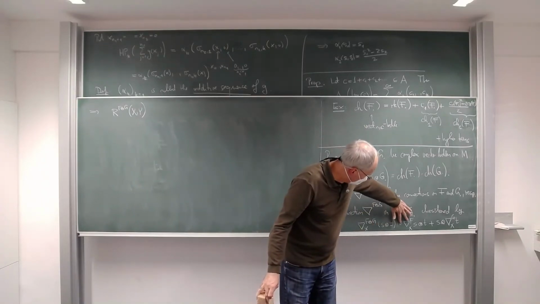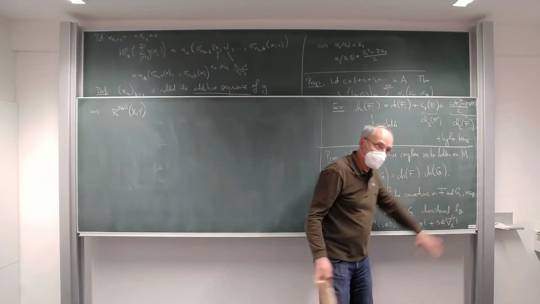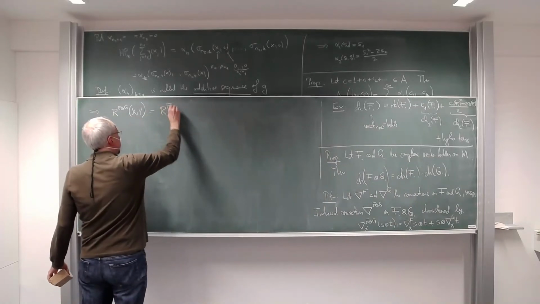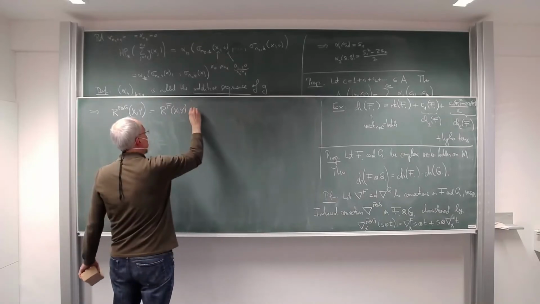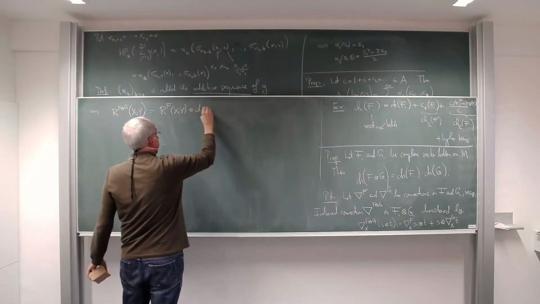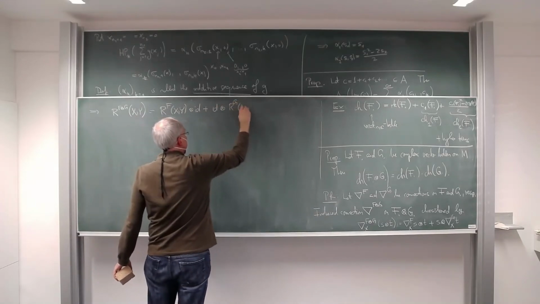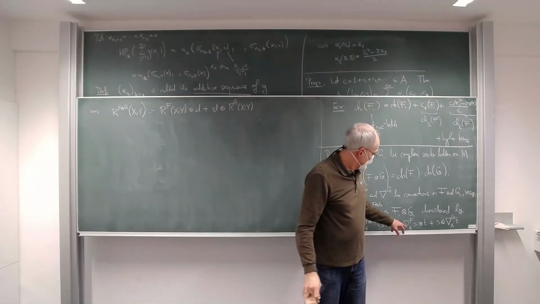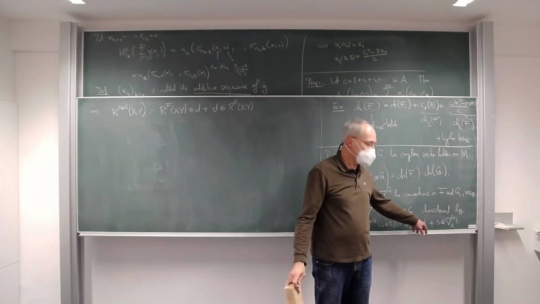Then we get terms where both nablas hit S, and we get terms where both nablas hit T. So this gives us the curvature of F on S and identity on T. And the other term would be identity on the S term and the curvature of G on T. And then in addition we get mixed terms, where we have a nabla X for F and a nabla Y for the other term.